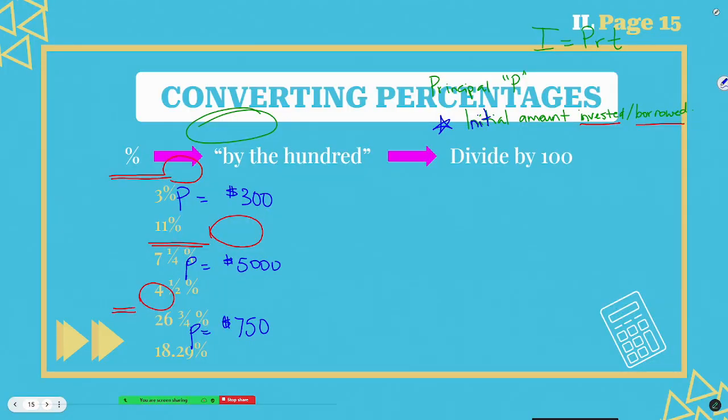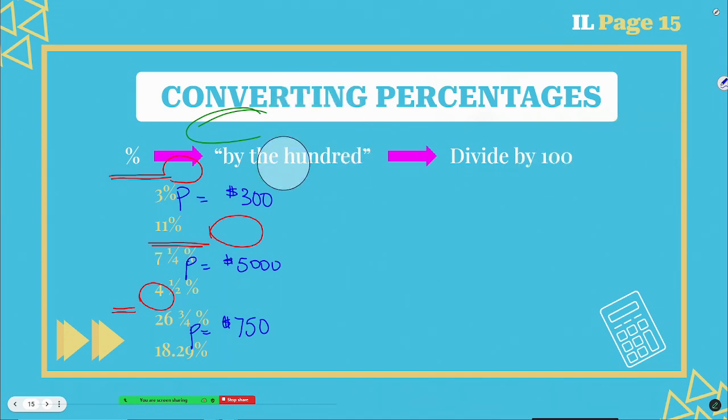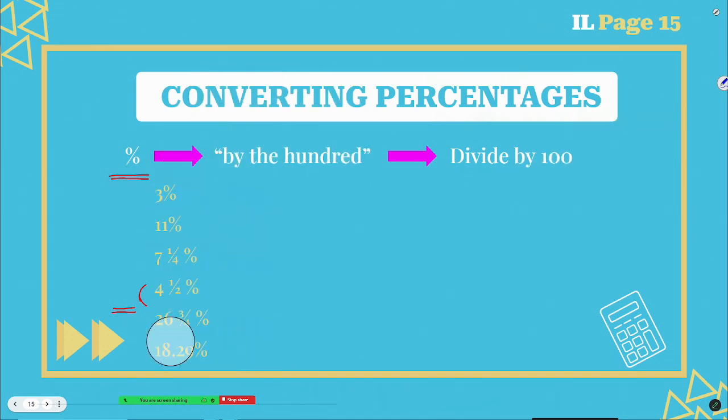Now, the next parts of the formula do take a bit more work. They're not as easy as pulling out a number. We need to do multiple steps to find R. If you remember going back to percentages, we know that percentage comes from the Latin root word, which means by the 100, which means we have to divide by 100.